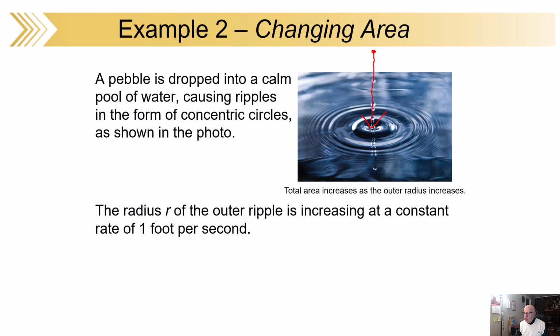We also know that the radius is increasing. That's the distance from here to one of the ripples is increasing at 1 foot per second. What does that mean? Well, you have to get used to this. dr/dt is 1 foot per second.